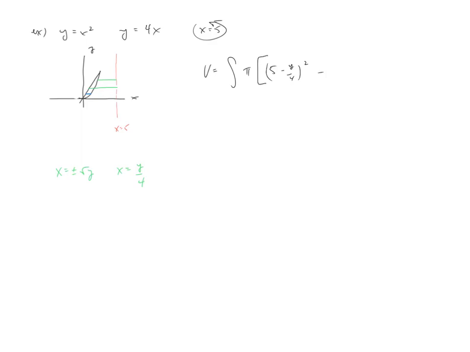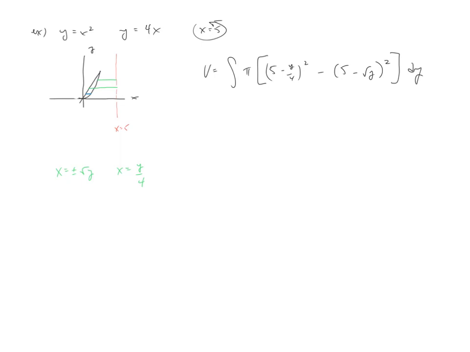Then for the other one, for this guy, we're going to have 5. 5 is from here all the way over to here minus this right here. And that's going to be the parabola, the plus or minus root y. But because it's the positive side of the parabola, ours would be the positive root y. So now we've got a minus 5 minus root y quantity squared dy.